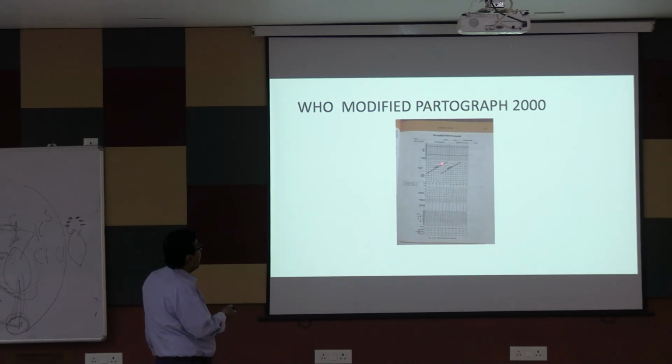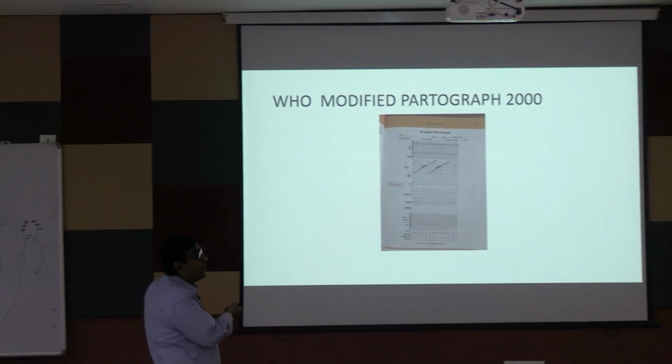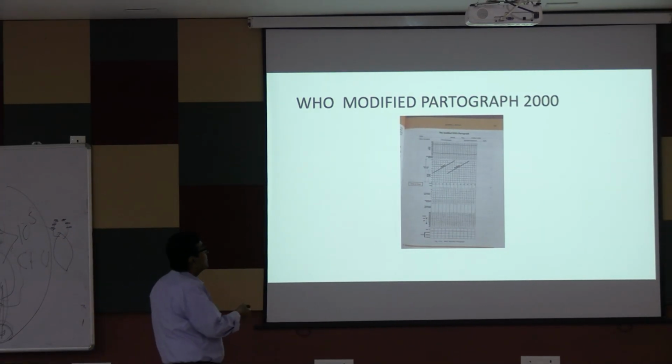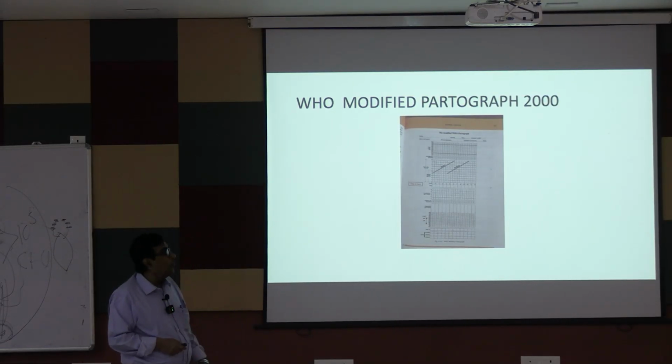Another line, the action line, was drawn 4 hours right and parallel to it. So between the alert line and action line, the gap is 4 hours. Why is it so?